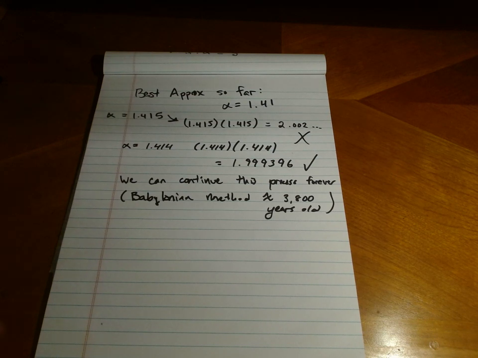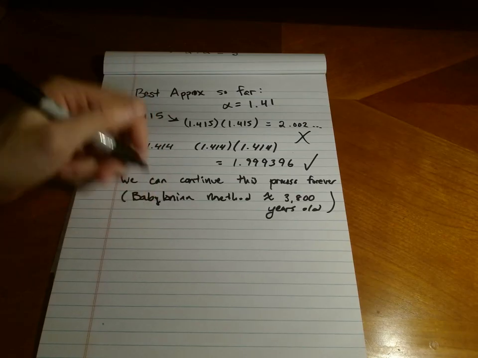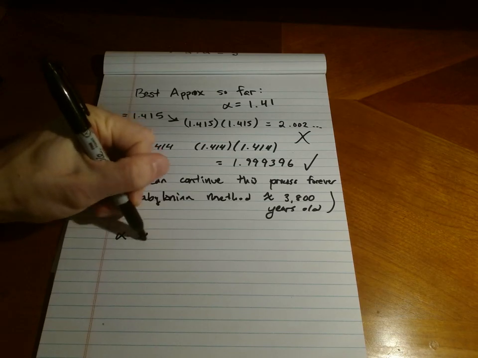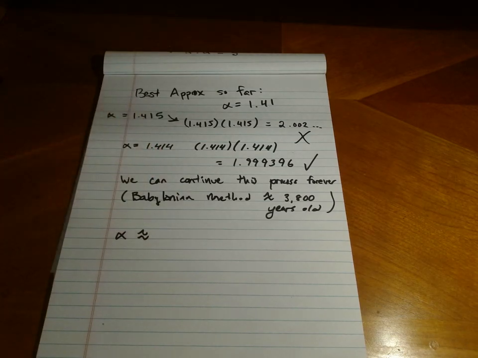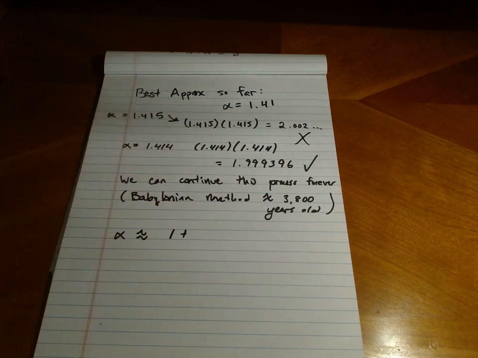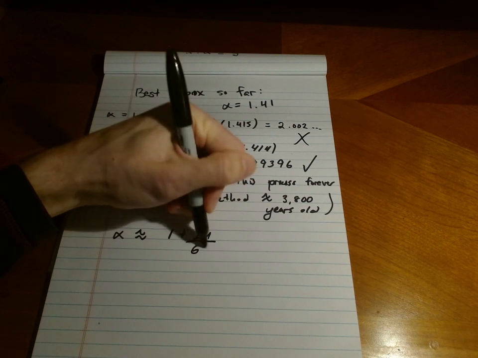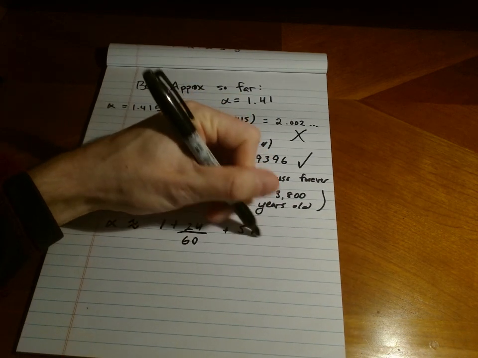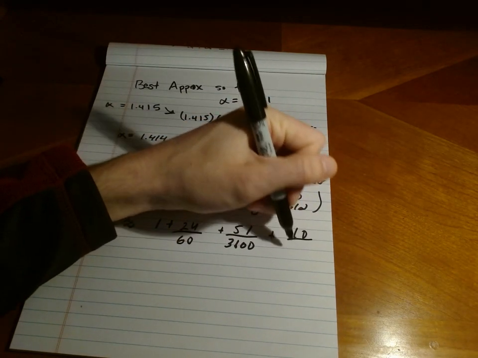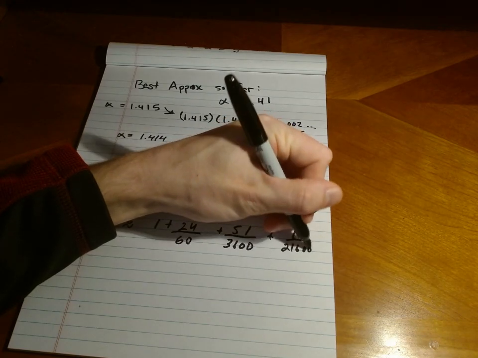Okay, the approximation that they got for alpha, I think, what did they round off at? They got 1 plus 24 out of 60 plus 51 out of 3,600 plus 10 out of 216,000.